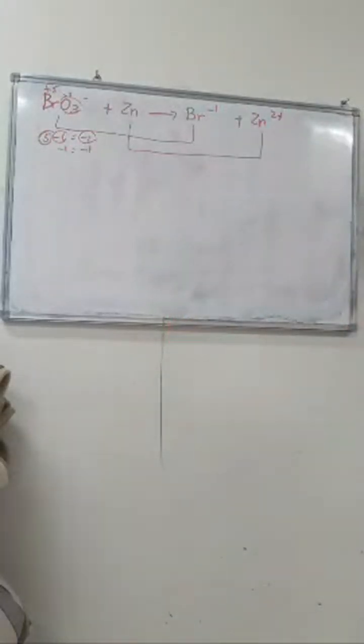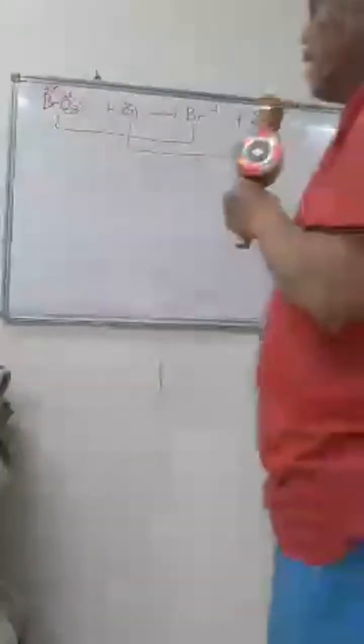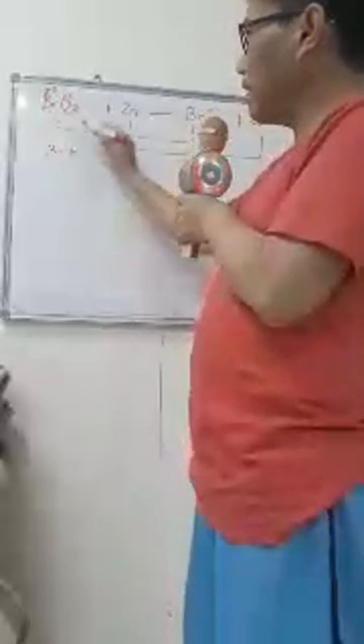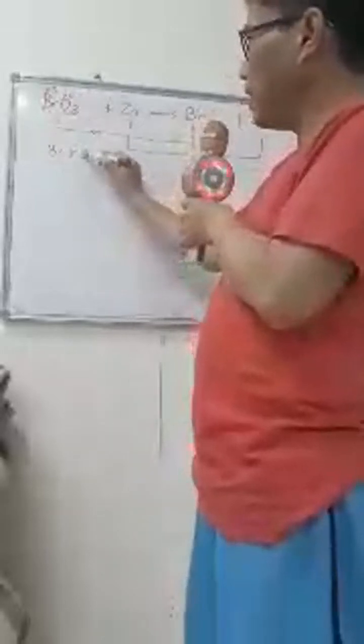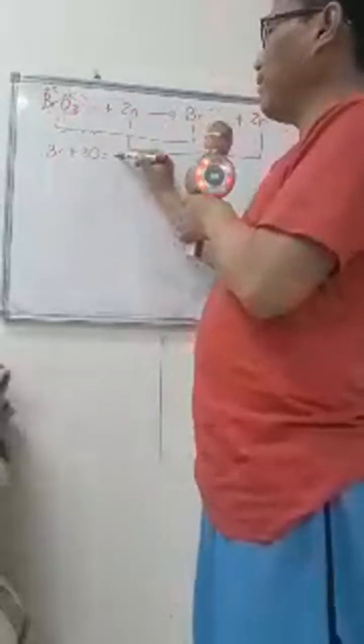Now, if you use an algebraic expression to get the oxidation states and oxidation numbers, it is much better, with a formula to follow. Let's say bromine plus subscript 3 times oxygen is equal to the net charge negative 1.